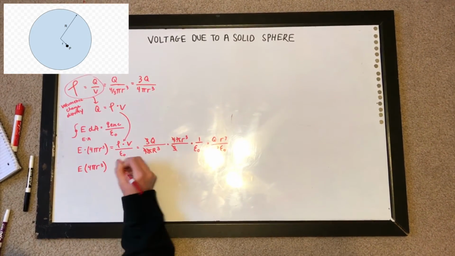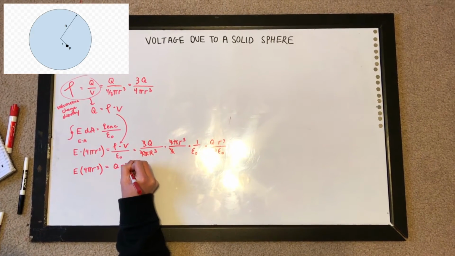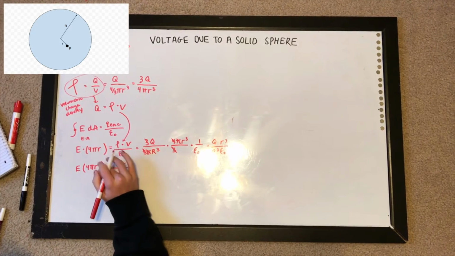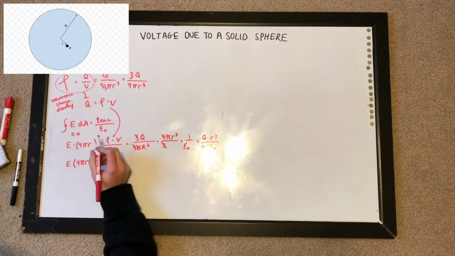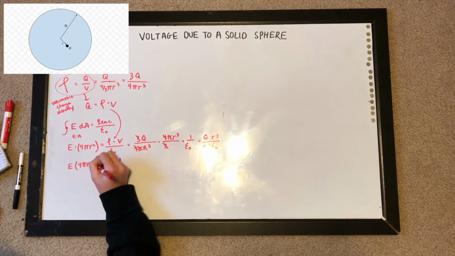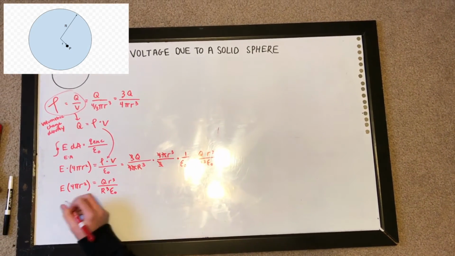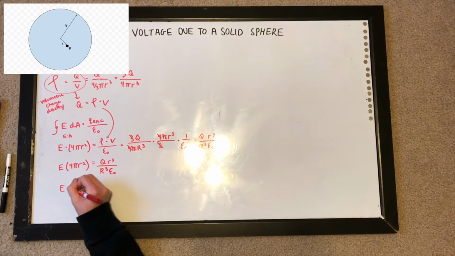So next we want to solve for the electric field. So we do E times the surface area, which is 4 pi r squared. Here's where I changed my mistake from earlier. Equals what we just simplified to, Q little r cubed over big R cubed times E naught.